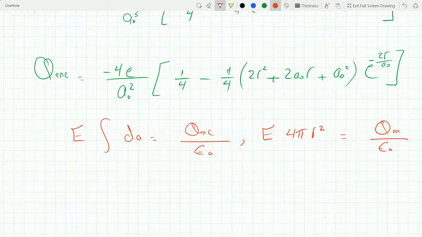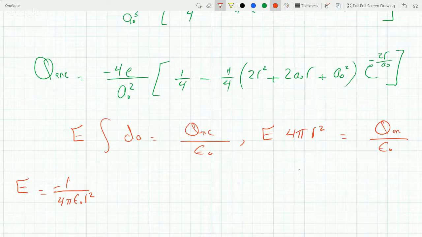Now I'm going to divide by 4 pi R squared, so my E will become 1 over 4 pi epsilon naught R squared, and let me copy Q enclosed here.